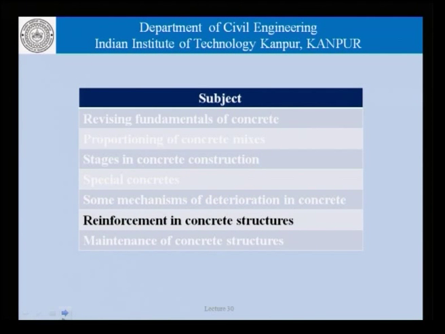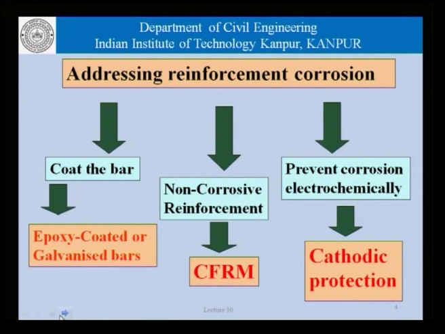Now, continuing with our discussion on the reinforcement of concrete structures or the reinforcement used therein, we were trying to address the problem of reinforcement corrosion, and we had said that basically there are three approaches that we can adopt. One is to coat the bar, the other was to use non-corrosive reinforcement or to prevent the corrosion electrochemically.